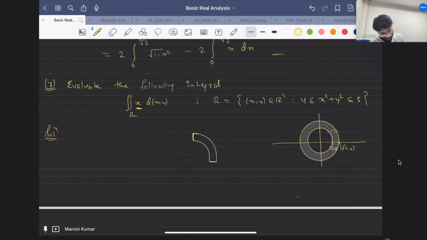Sir, what if we find the area of the bigger circle and the area of the smaller circle, and then subtract? I mean, here we are not talking about the area, but yeah, I think you can do that. So what you are saying is that we'll integrate x on this R, the bigger thing, and then minus the inner thing, right?